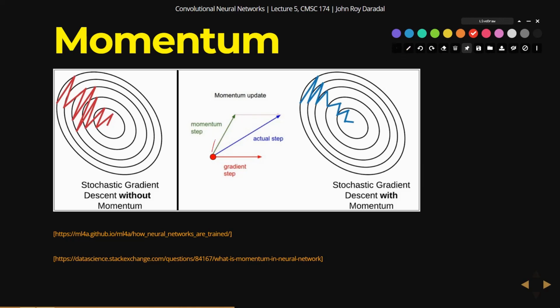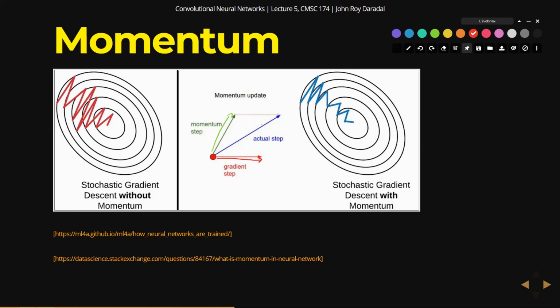So this is the momentum direction in green. If this is the momentum step here, and then your gradient step is telling you to go in this direction, then the momentum is telling you to go up, and the gradient is telling you to go left. So you kind of meet in the middle, and your actual step would be something in between of them.